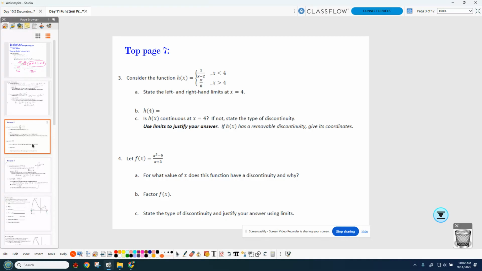Alright, but is this continuous at 4? This will always be six. That question does count. It'd be easier to understand if we could graph it.